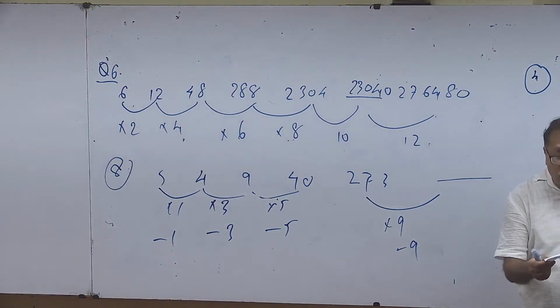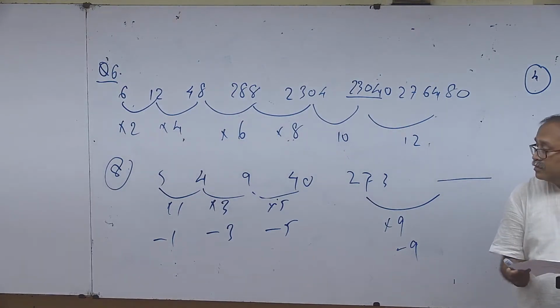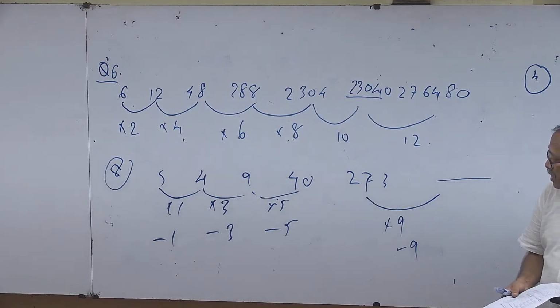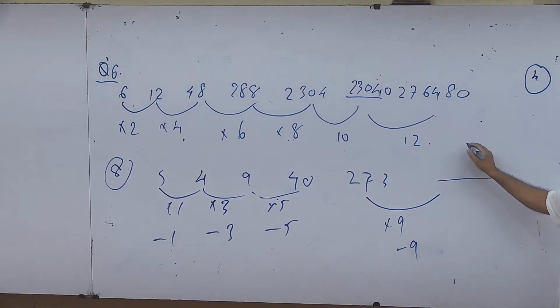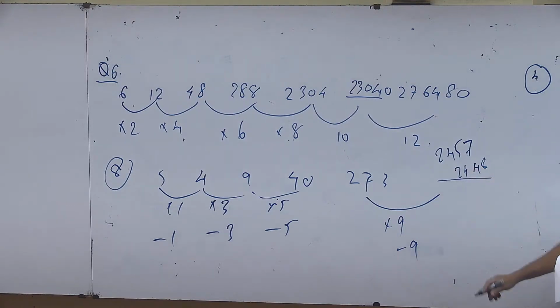Into 9 minus 9. 1, 3, 5, 7 and 9. 9 3s are 27, carry 2, and 9 7s are 63, 65, carry 6. 9 2s are 18 plus 6 is 24 and minus 9, so this is 48 and 24. Don't we have any option? 244. Do we have the option none of this? Yes, go with that, go with that.